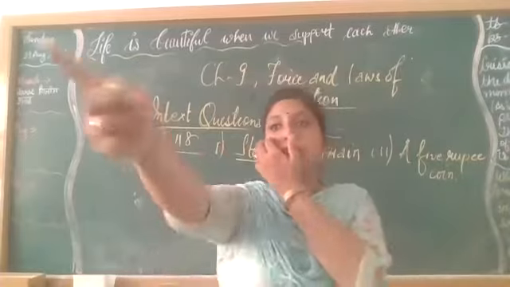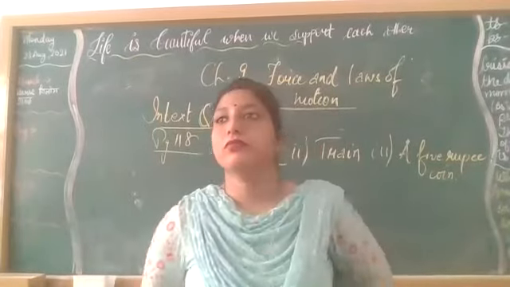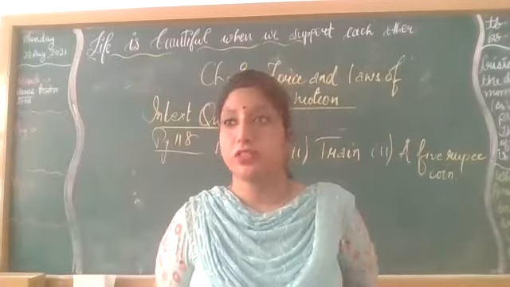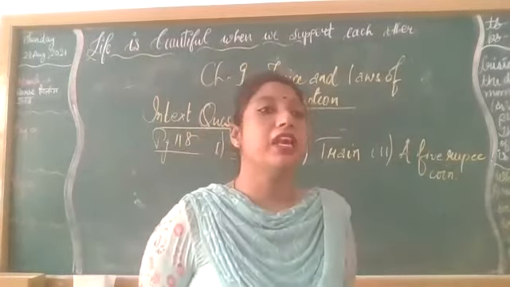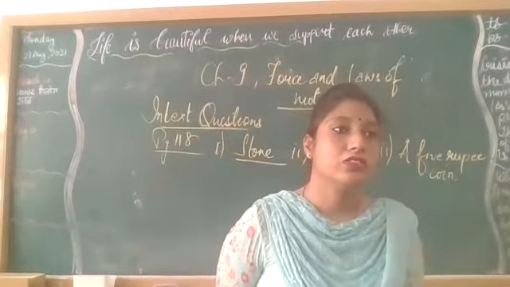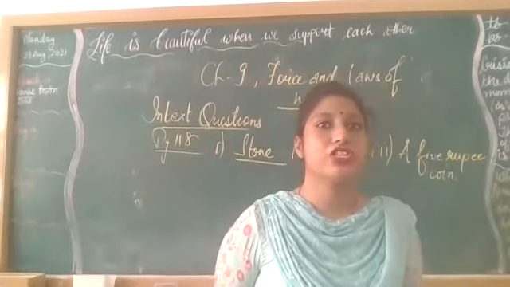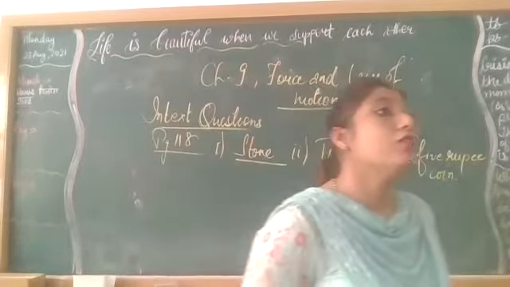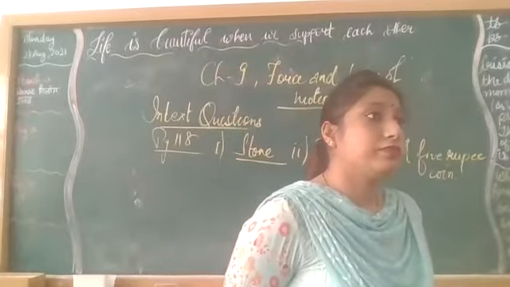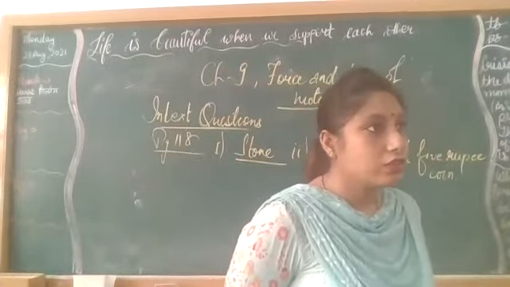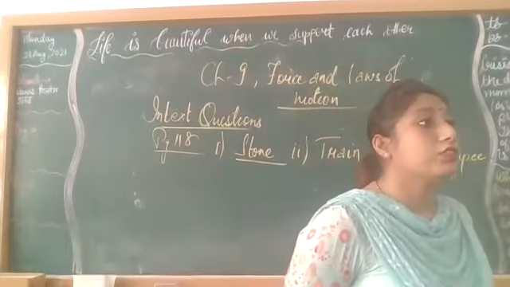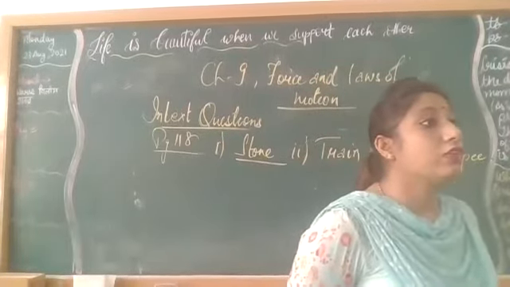Okay, yes please. Yes, the velocity has been increased. Just wait. Please sit down. Anybody else? Yes, please. Okay, the velocity has been changed 4 times. Yes, 4 times. How 4 times? Fourth constant.